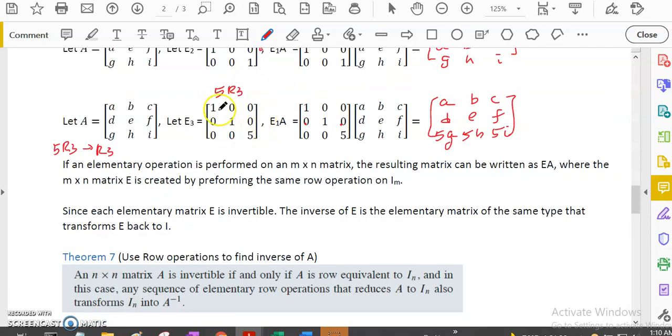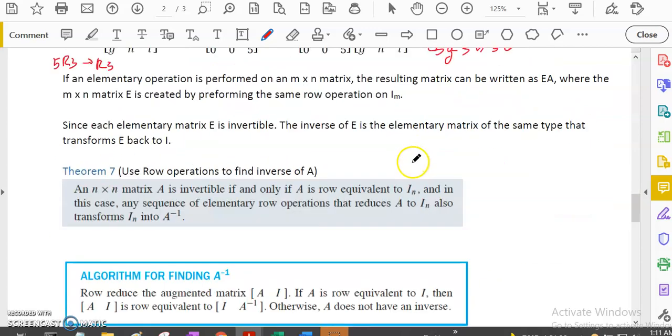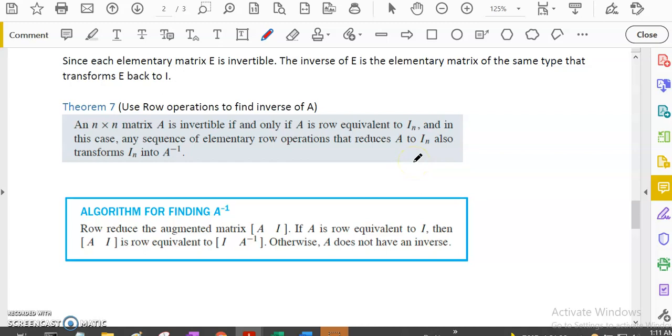So that means if you start off with an elementary matrix and you swap until it becomes the original matrix, then this will become the inverse. So this is the idea of it.